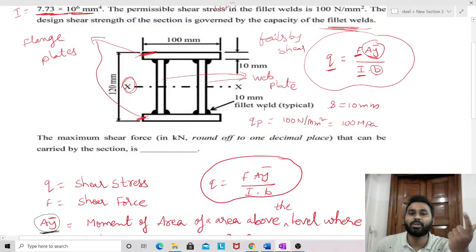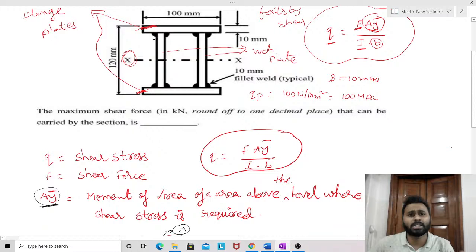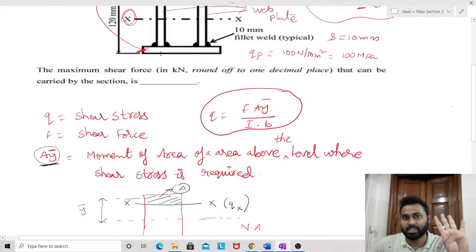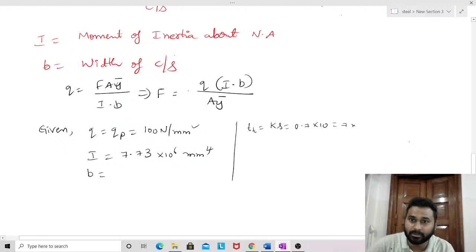So obviously here we need to take the width as the throat thickness, and here how many welds are present? For each web the fillet weld is present on either side, and here two web plates are there, hence obviously four fillet welds are there. For each fillet weld the throat thickness is nothing but KS, which is 0.7 into 10, that is 7 mm, right?